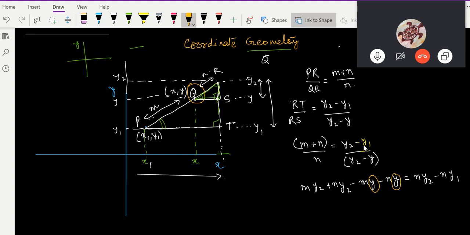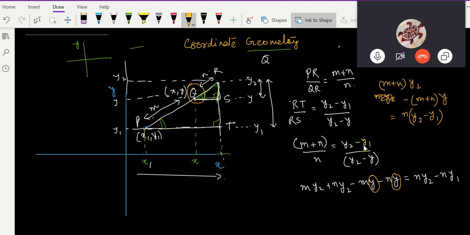So that means m plus n y2 minus m plus n y is equal to n into y2 minus y1.